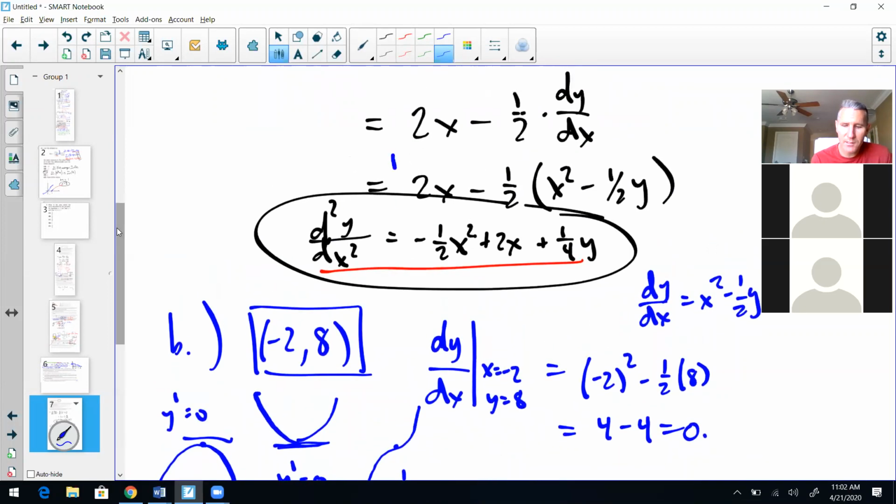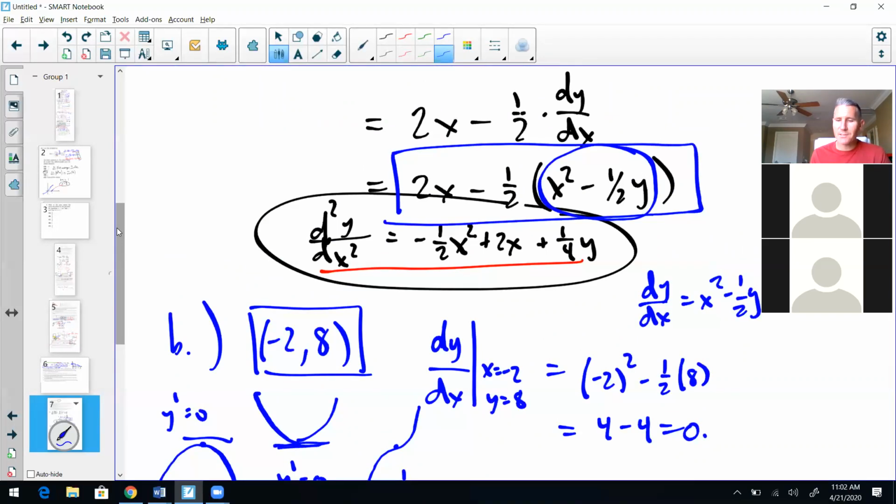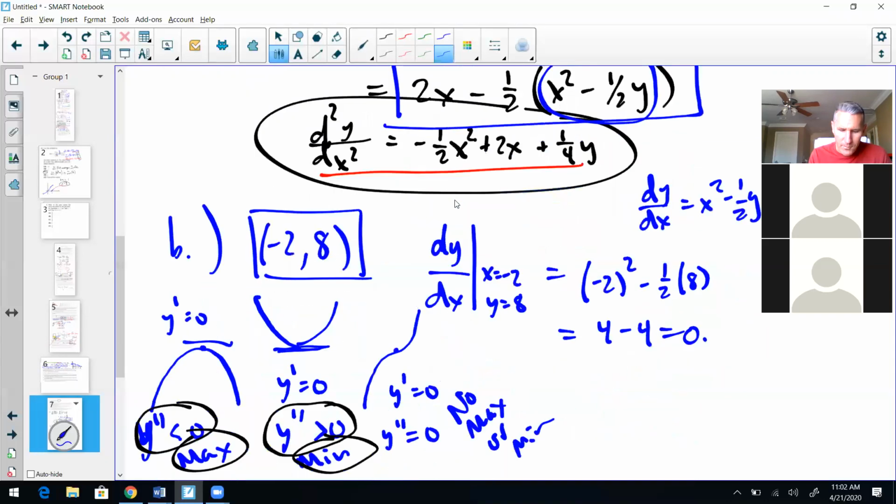Now, I'm actually going to use this up there because I've already figured out that this is 0. That's 0 when x is -2 and y is 8. So this whole thing is 0. So when x is -2, I get that the second derivative is going to be -4.